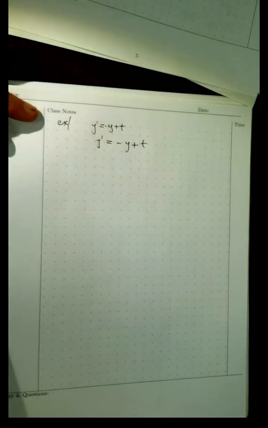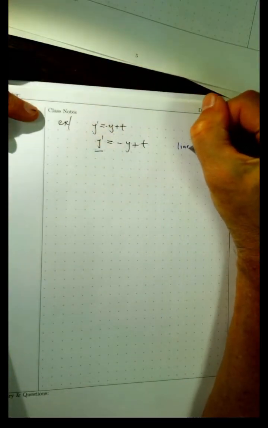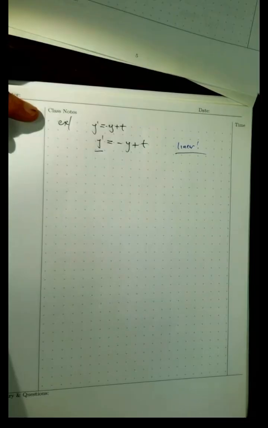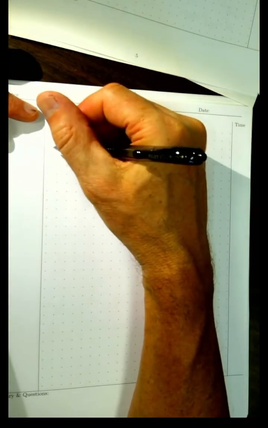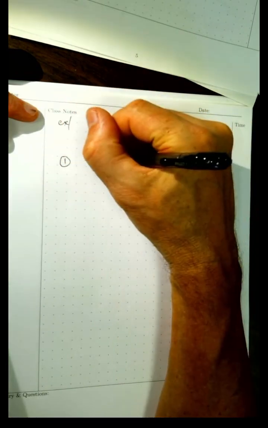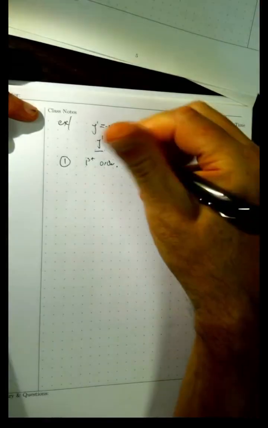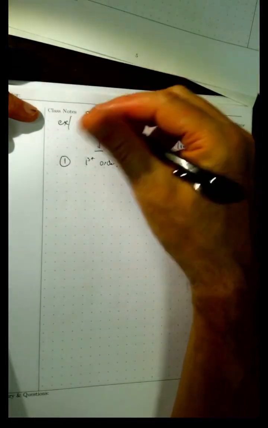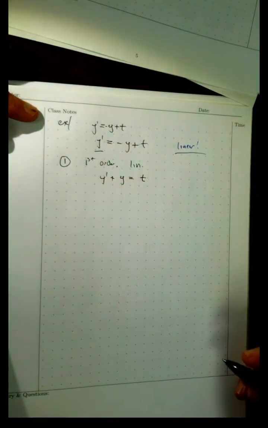First thing is recognize it's first order and it's linear. Okay, that means I can rearrange the terms. So let's see, first order, it's linear, and if I add y to both sides, it is now in the proper form.